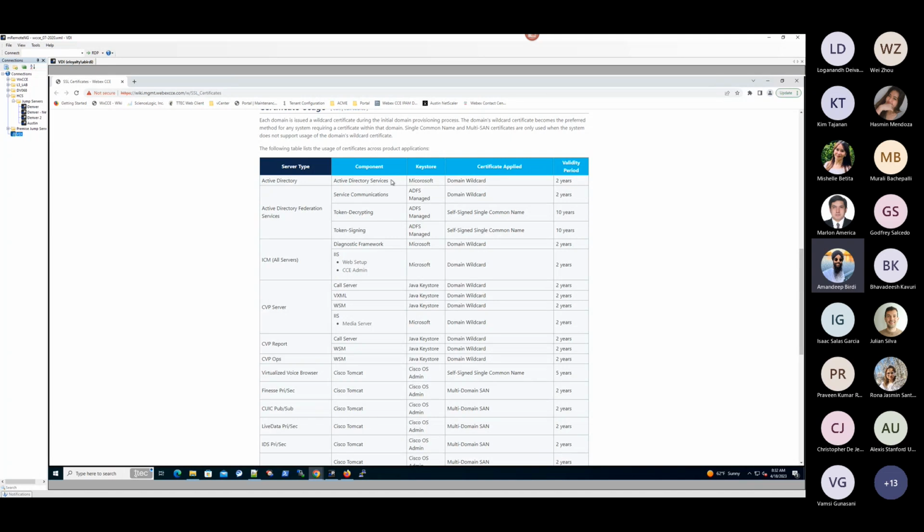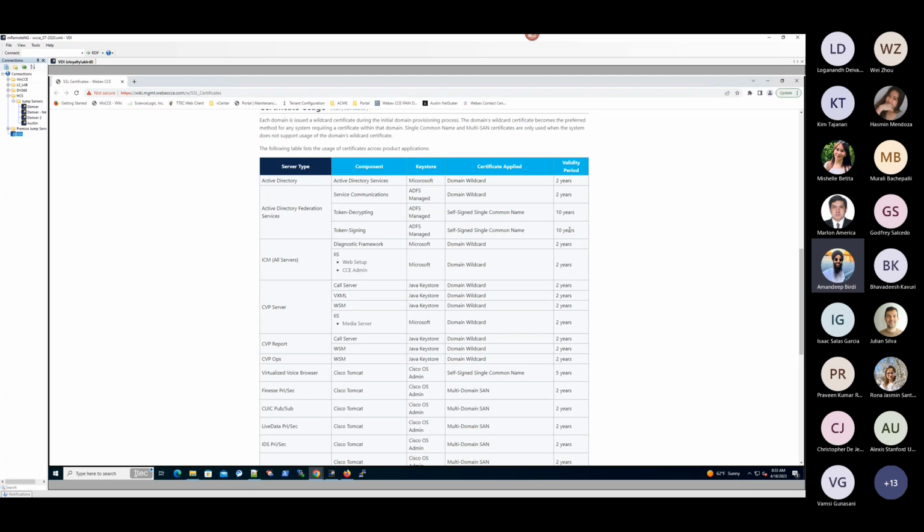So Active Directory, as you can see here, we're using the domain wildcard. But you've got service communications for ADFS. You're using a domain wildcard. I mentioned the token decryption and signing certs for ADFS. They're using single self-signed single common name. You've got all the ICM servers using all the domain wildcards.